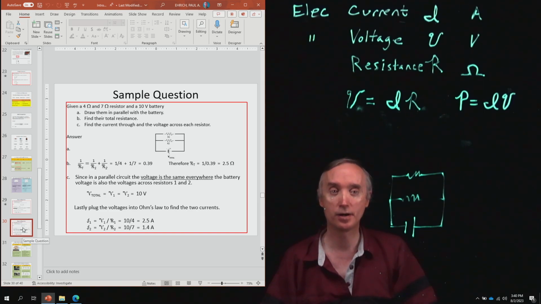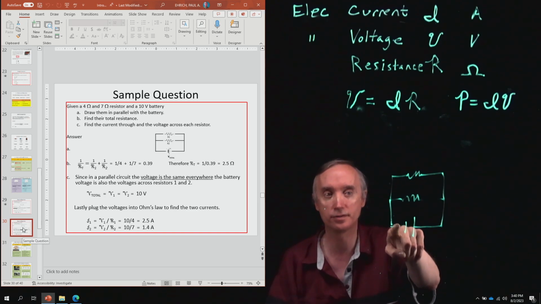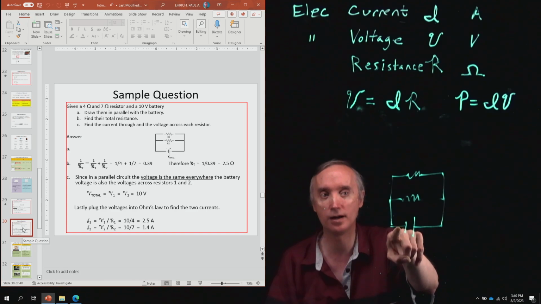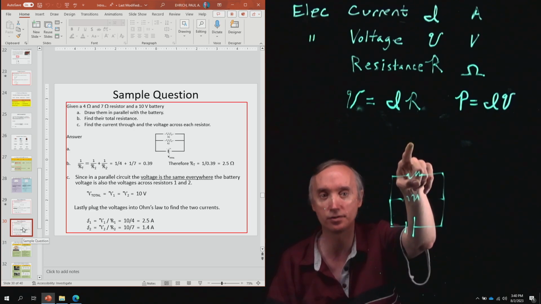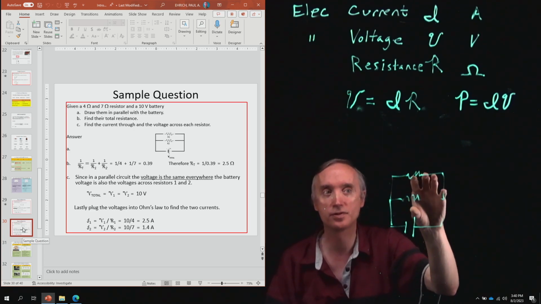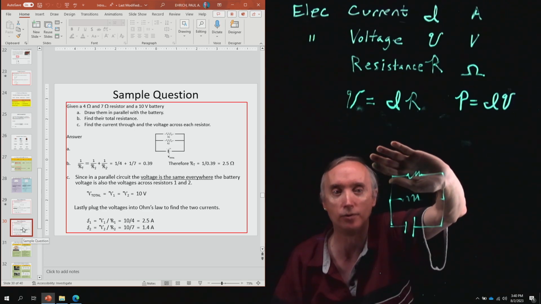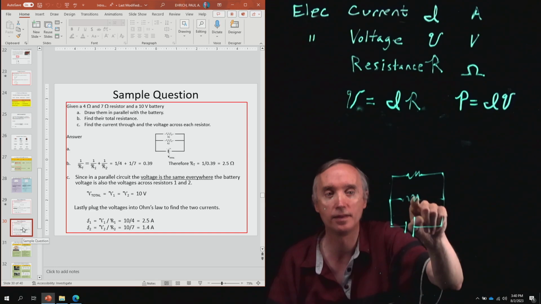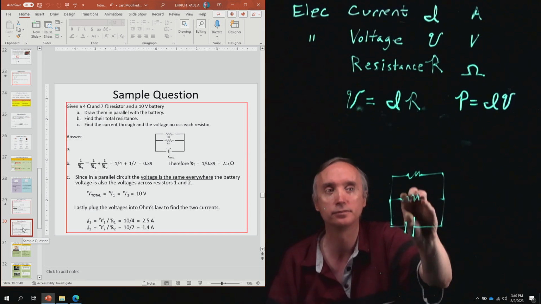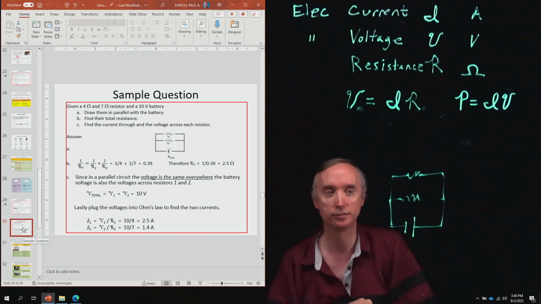Another advantage of the parallel system is, did you notice that the current coming out of this battery went into each of these resistors? Let's say this was a light bulb, and you only had a battery and a light bulb in there.